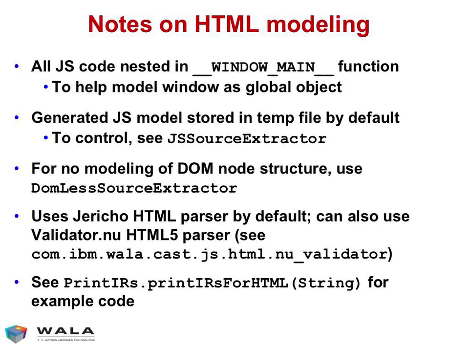We also have an option where you can extract the JavaScript code from the HTML, but avoid modeling the static HTML DOM. Sometimes this is useful because a very big static HTML file can dramatically bloat the amount of code that you're analyzing. If you're just interested in the JavaScript, but maybe not in how it's interacting with the DOM, you can use this DOM-less source extractor so that essentially the model will be much smaller.